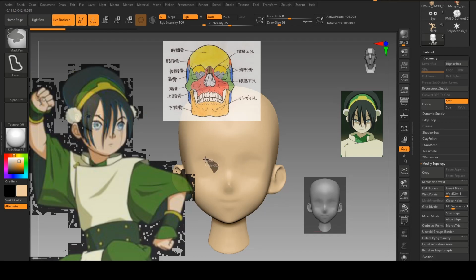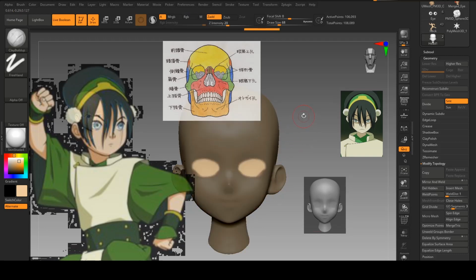Maybe sculpt this eye orbit. Then emboss, and then sculpt like this.